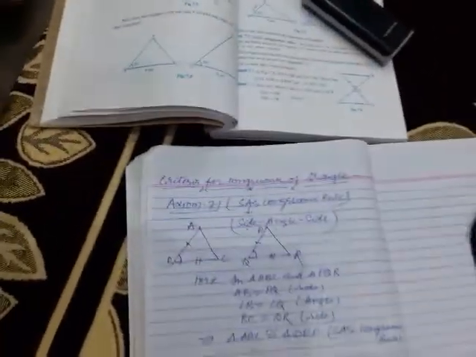Okay children, did you understand the meaning of SAS congruence rule? What is its statement? Clear?